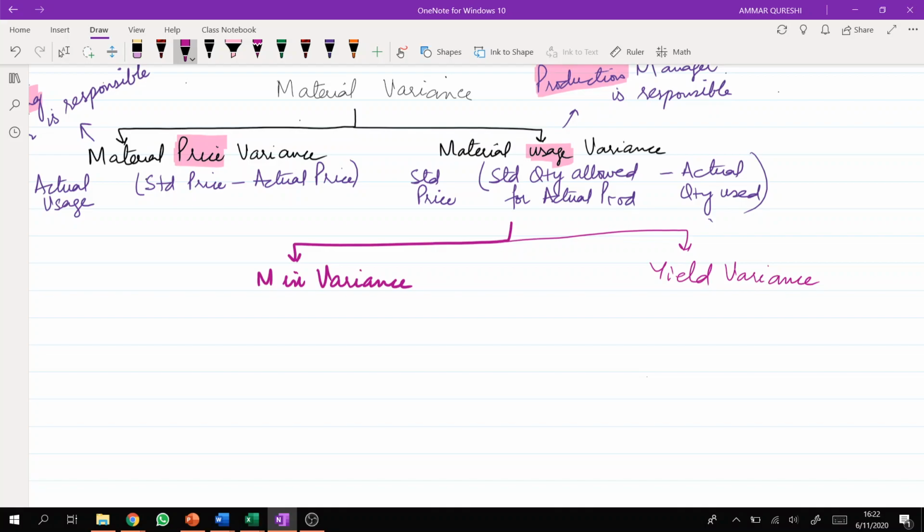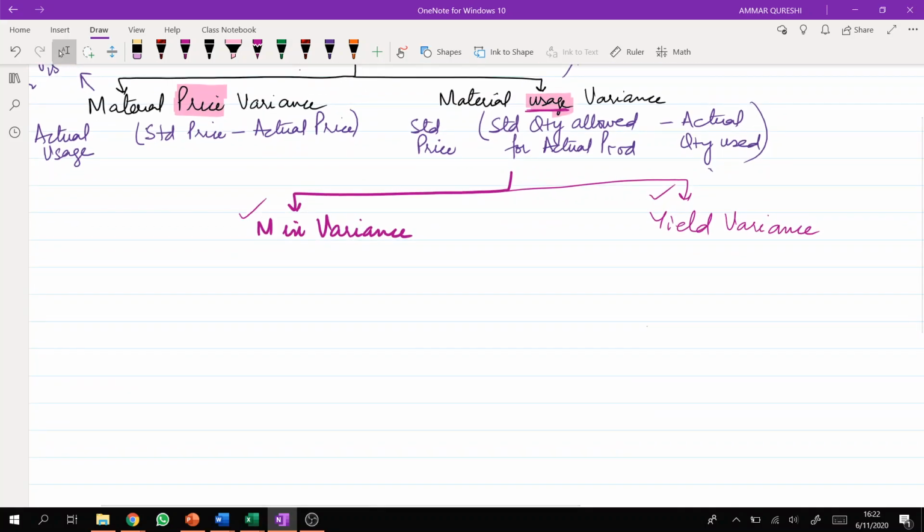Both are the responsibility of the production manager. Why? Because these two variances are sub variances of usage variance. Since the production manager is responsible for usage variance, these two variances are also the responsibility of the production manager.